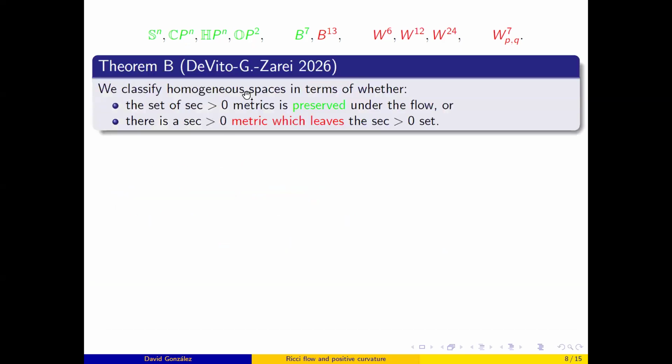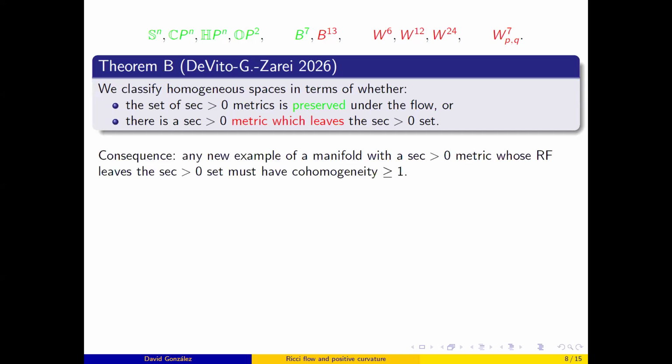So we classify homogeneous spaces in terms of whether positive sectional curvature is preserved under the flow or it is not, because there is a metric which flows outside the set. So I'm not giving the details here, but we also do it for the non-simply connected spaces. It's not very complicated. It's just by inspecting the classification and the construction.